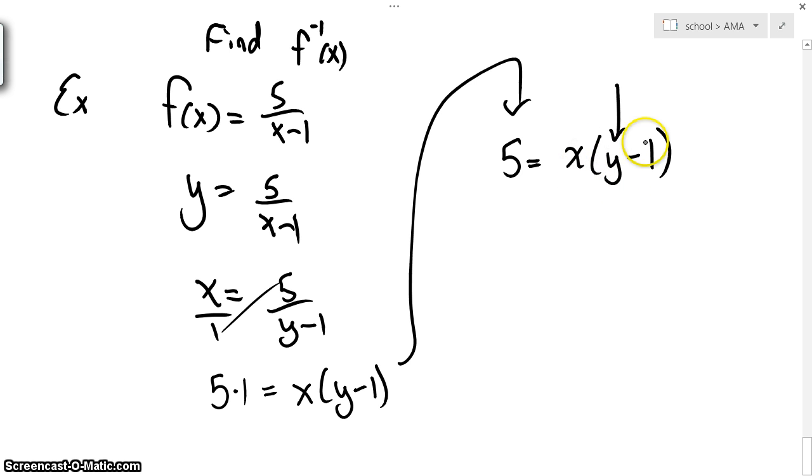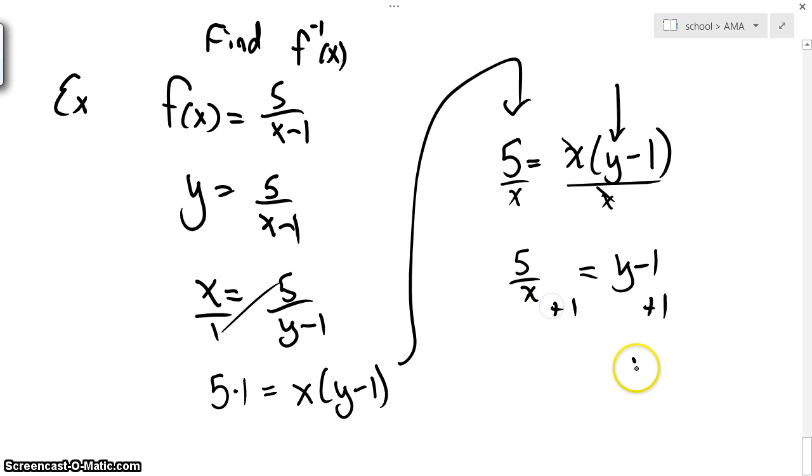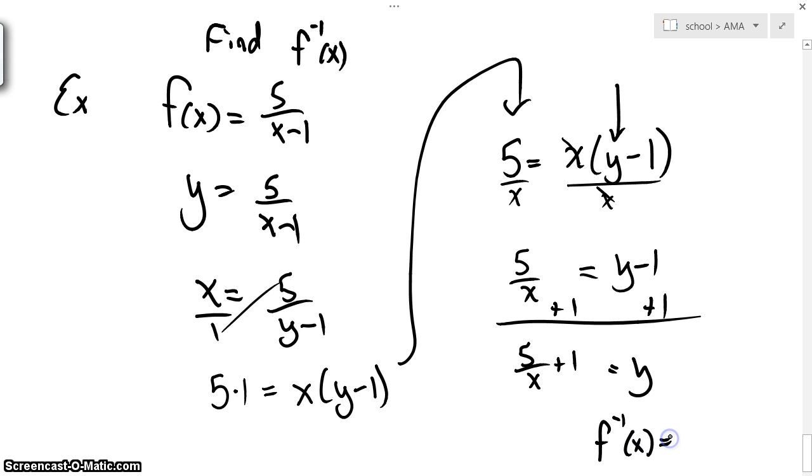Even though you could distribute the x, I'm going to divide both sides by x right here. That might make this problem look a little bit nicer. Look at that. Then what? Very simply, add a 1, and you'd have 5 over x plus 1. Final answer, f inverse of x equals 5 all over x plus 1.